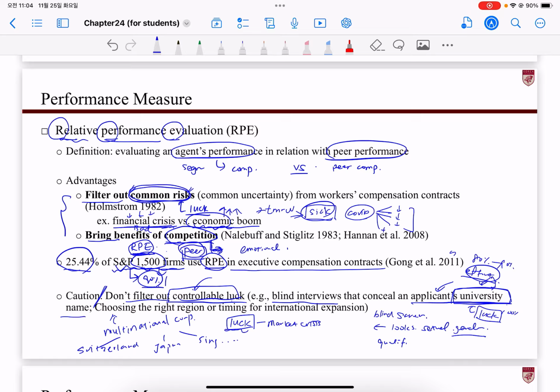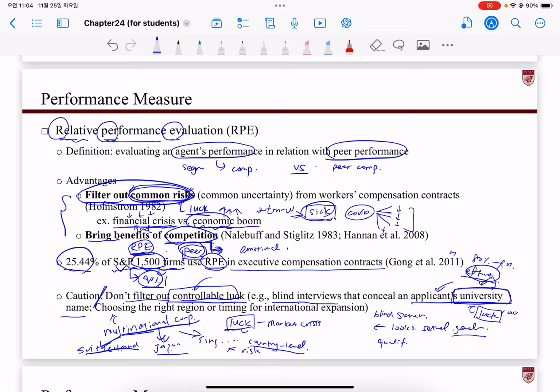And each country has its own country-level risk. So according to filtering out the common risk, you may think, okay, when evaluating this multinational company, we should be filtering out all the country-level market risk. Well, that's not exactly so.